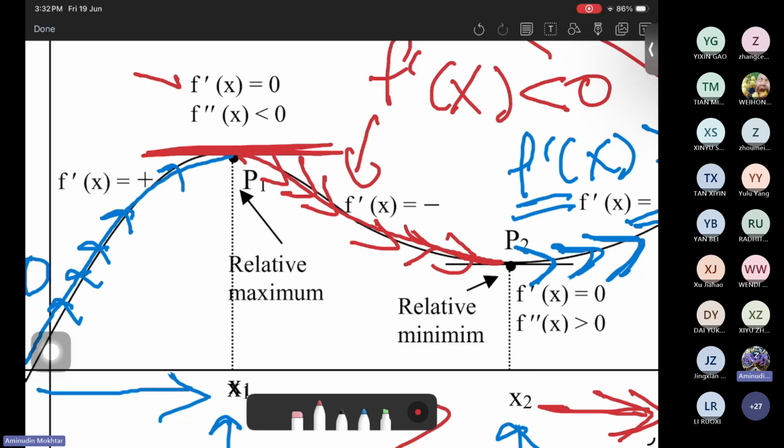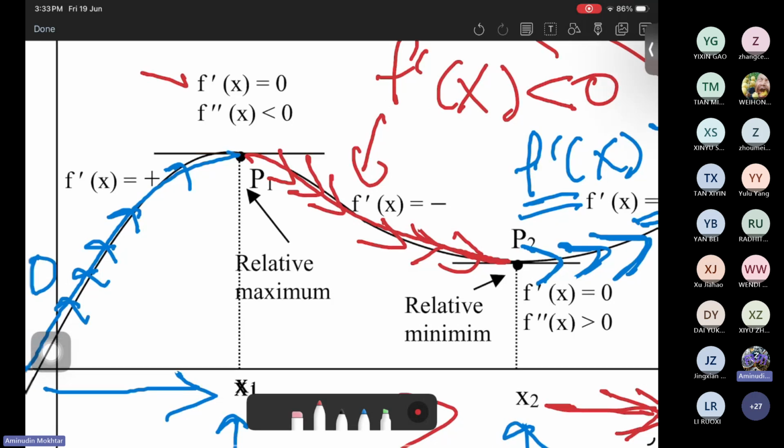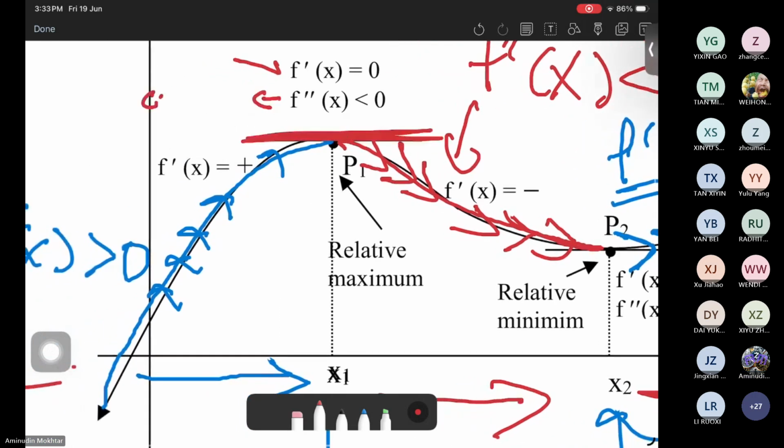The second derivative, I will show you the calculation later. But now I just explain the concept. At this point, like at x1, the first derivative is 0, but the second derivative is negative. That happened at point x1. So in this case, the graph is concave down at this point.